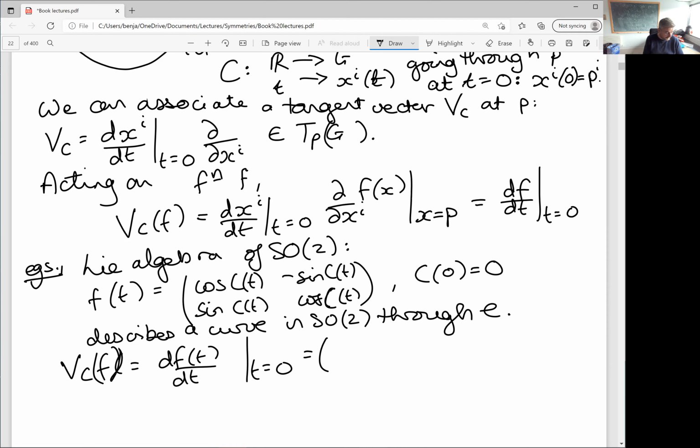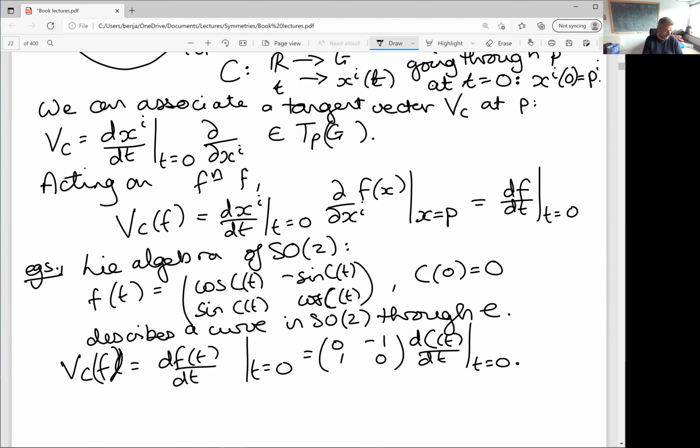Okay, so you do the derivatives and you get the following. So there's an overall factor of c dt evaluated at t equal to 0. So if you think about it, for any curve, you're going to get some number for this derivative.